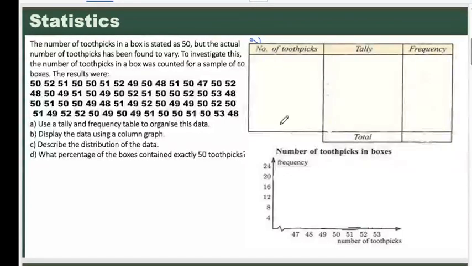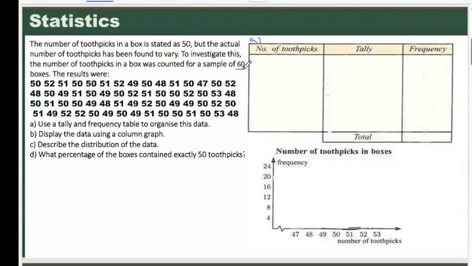In the first column, I put the number of toothpicks in each box. In the second column, I show the tally, where every fifth mark closes the group with a crossing line. And in the third column, I put the frequency.